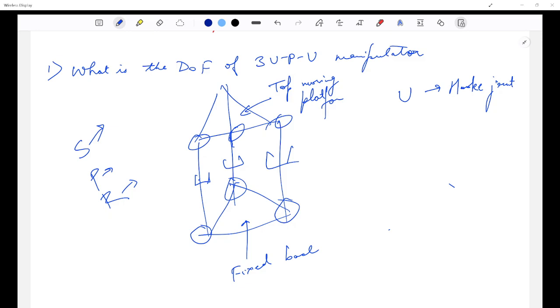So these are the three identical legs connecting the fixed base and moving platform. If we count the number of links present, let's check it. Let's count properly.